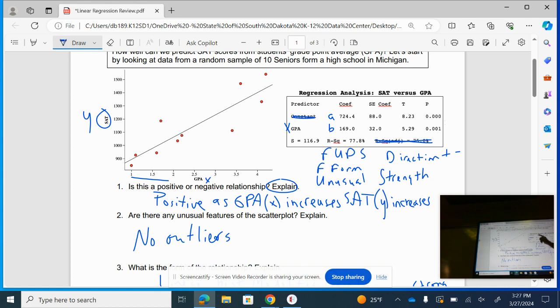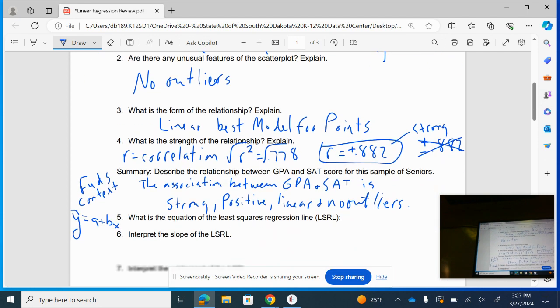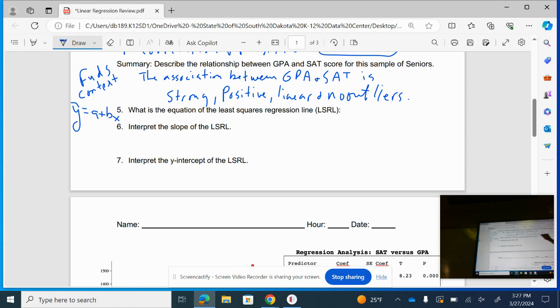X always appears in here, and it goes A, B, and X. The right side of the equation is always in there. You've got A, B, and X. So SAT hat equals 724.4 plus 169 times GPA.